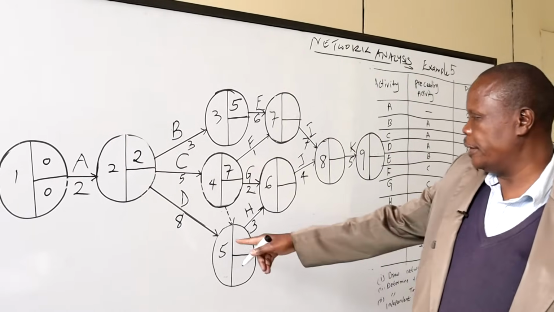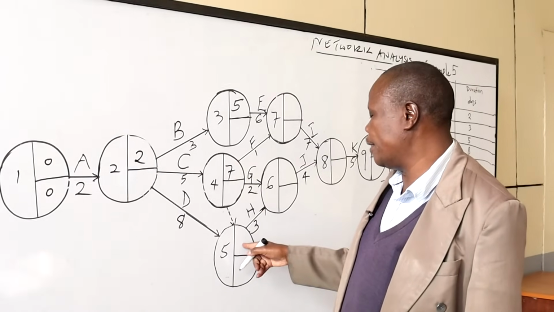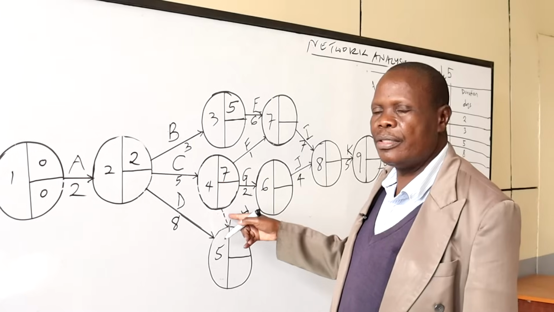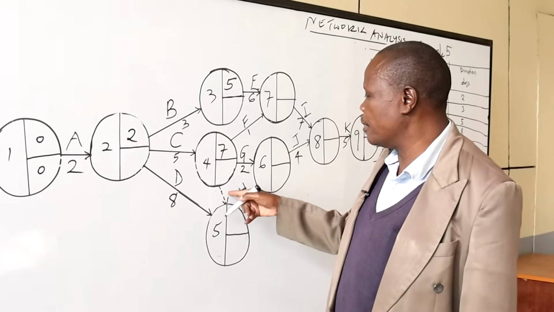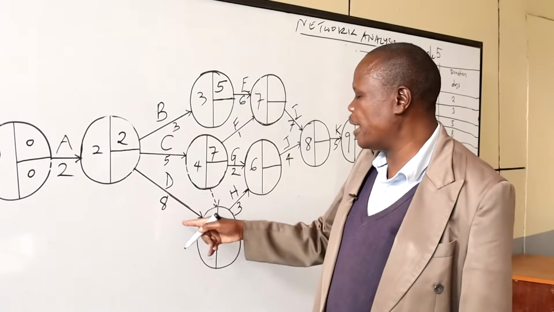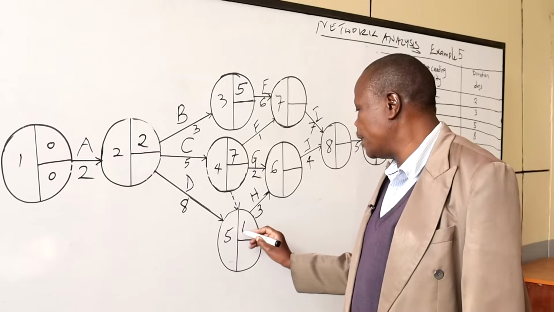Then D, 2 plus 8 is 10. But we said dummy activities, their duration is 0. 7 plus 0 is 7. The maximum duration we take now is 10, because this is 2 plus 8. We write here 10.